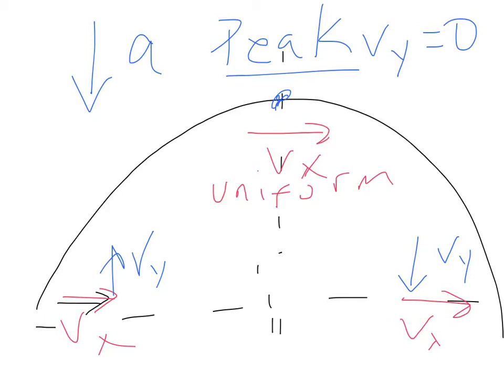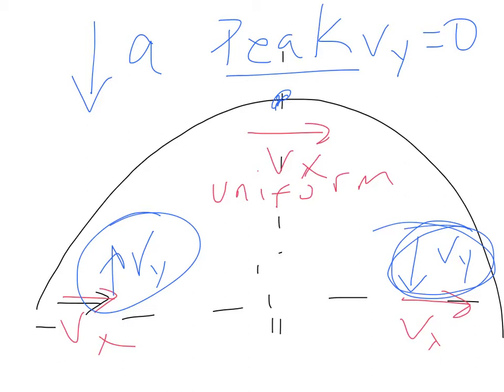Now the great thing about this, because it's a parabola, the Vy here and the Vy here, despite being in opposite directions, have the exact same magnitudes at the instant of launch and the instant of impact. Just different directions. So same magnitude, different direction. Our x components are, of course, the exact same. This, of course, assumes that the landing point and the launch point are at the same height.